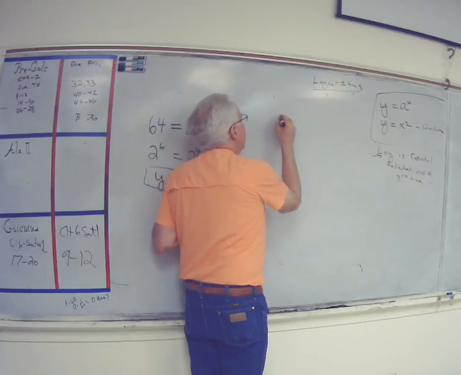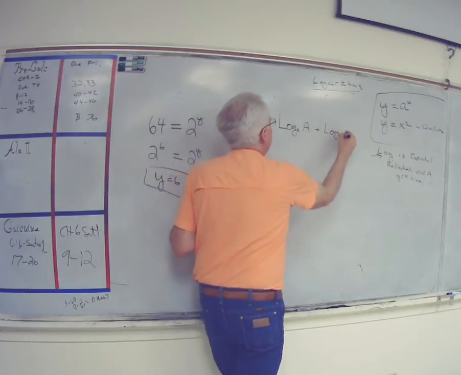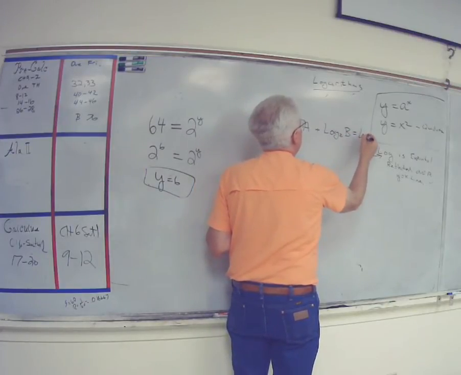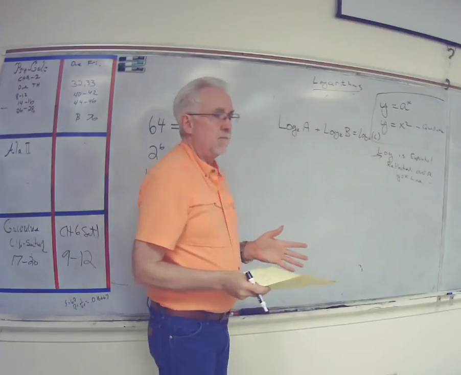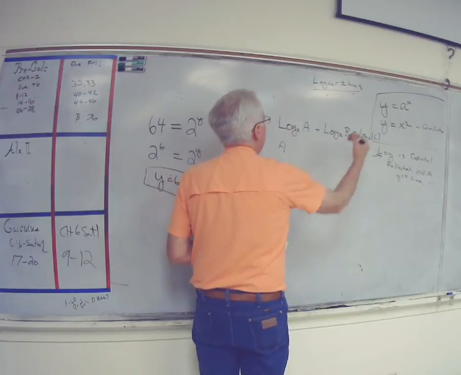Okay, if I have log base 2 of A plus log base 2 of B, and that's equal to log base 2 of C, you know what people do? They come in and say, you just drop all the logs off.